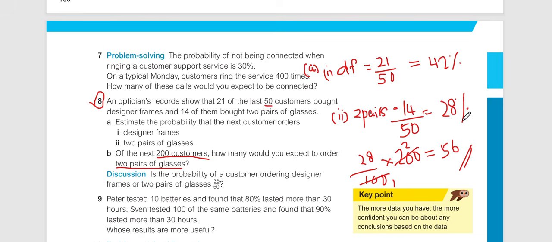So add these two together, you get 70%. 70% is equal to 70 divided by 100, right? Now they are asking whether that is equal to 35 upon 50. Is it equal? Yes, if you divide both sides by 2, then you get this answer. So you can say it's yes.